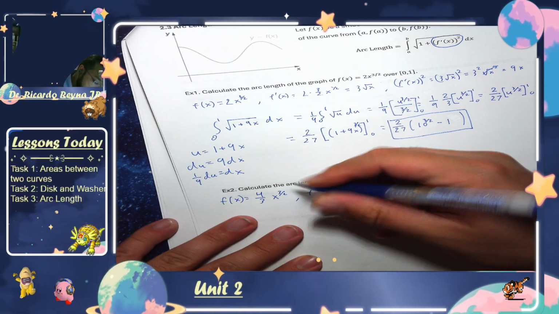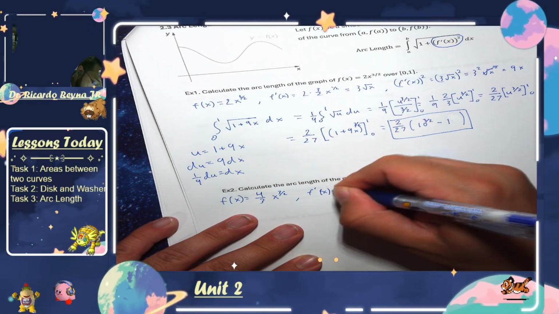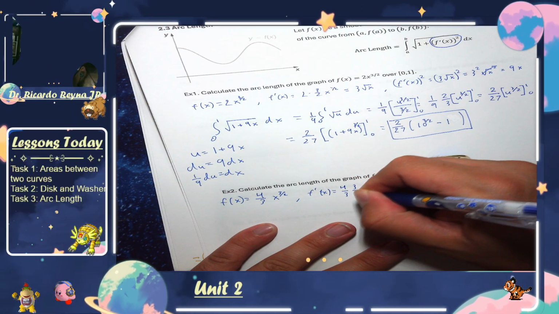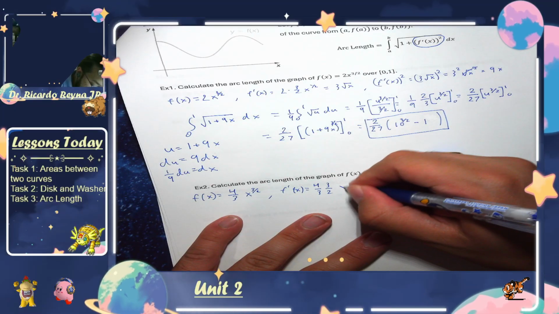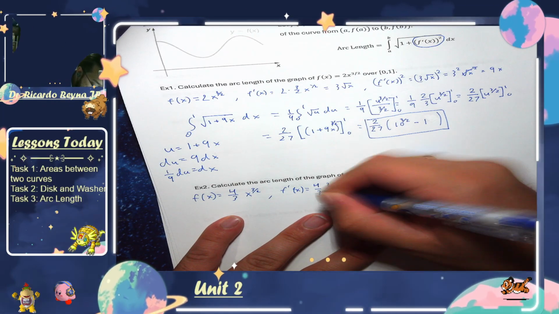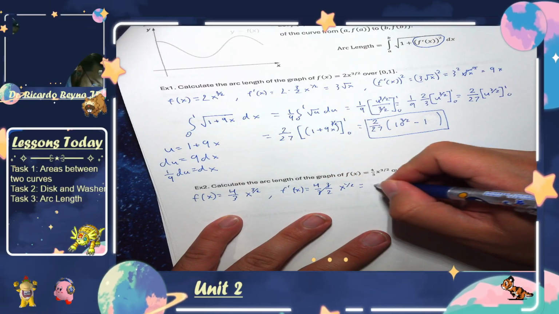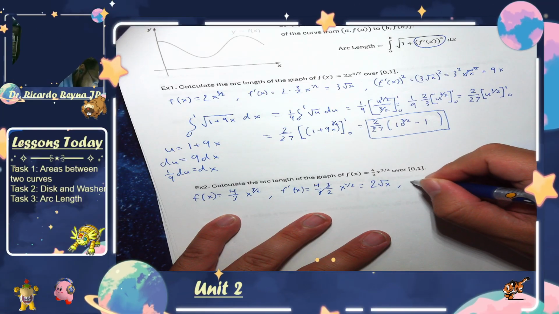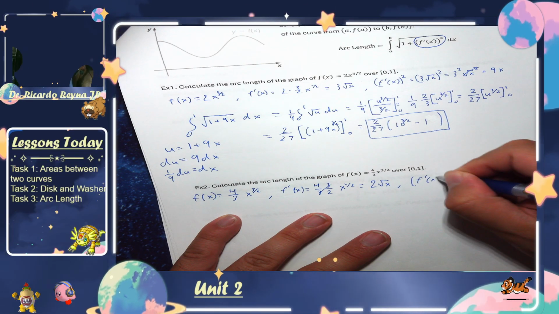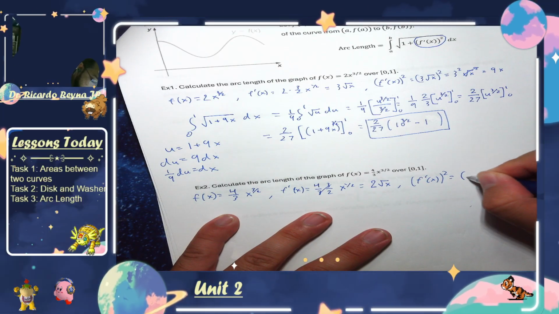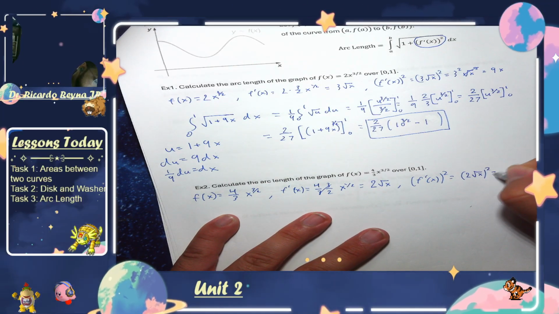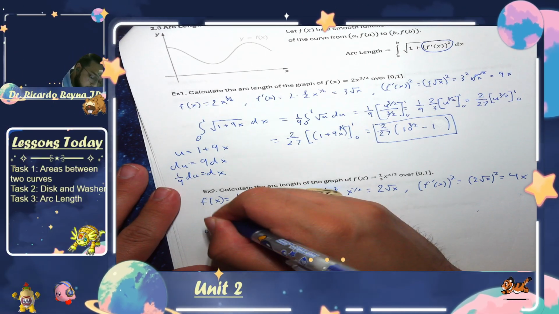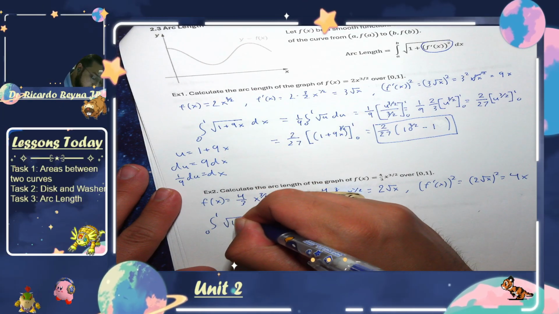F prime of x is equal to 4 over 3, 3 over 2, x to the power of 1/2, which technically is just 4 over 2, which is 2 square root of x. And then the whole thing squared is just 4x. So you plug it in, 1 plus 4x.